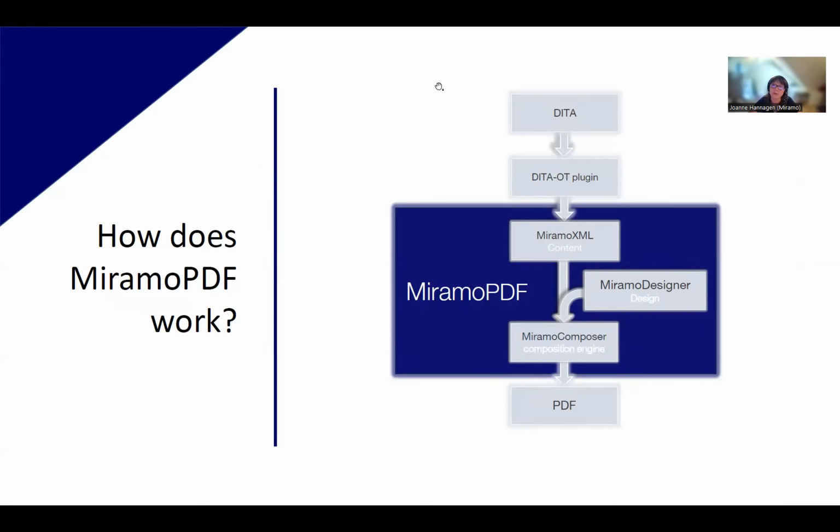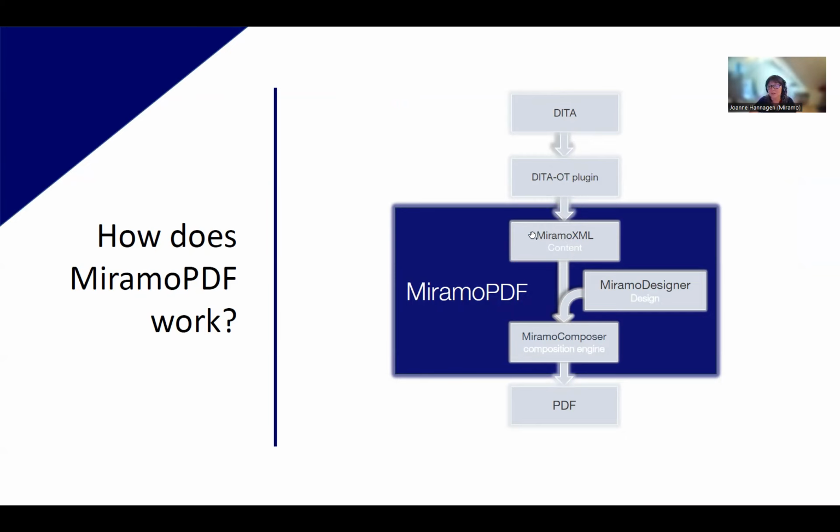So how does MiramoPDF work? For DITA specifically, this is the flow, but obviously the same principle applies to non-DITA structured content. The Miramo DITA OT plugin takes the DITA, performs a topic merge, and then transforms it to Miramo XML.